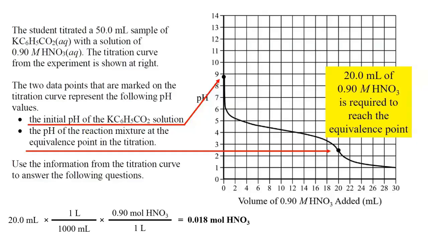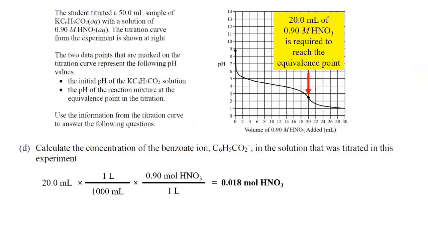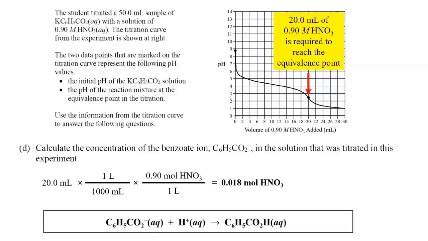Let's take a look at part D. So part D says calculate the concentration of the benzoate ion, C6H5CO2-, in the solution that was titrated in this experiment. So in part C, we wrote a net ionic equation for the reaction that is occurring. And as you can see from this equation, there's a 1-to-1 mole ratio between benzoate and the strong acid, the nitric acid, which we represent as H+ in this net ionic equation.